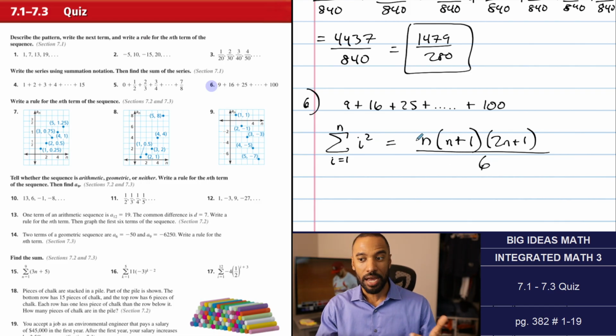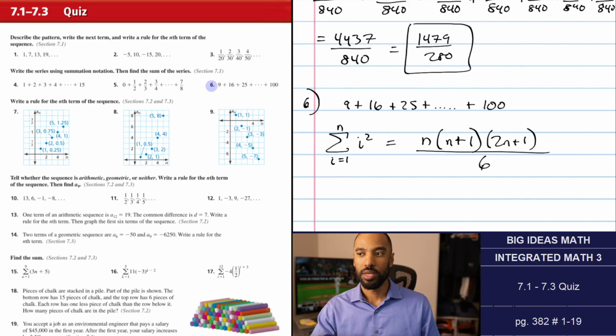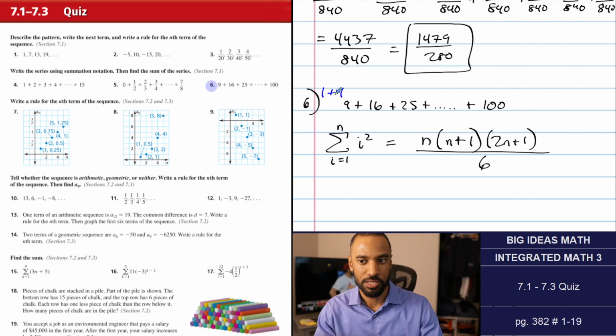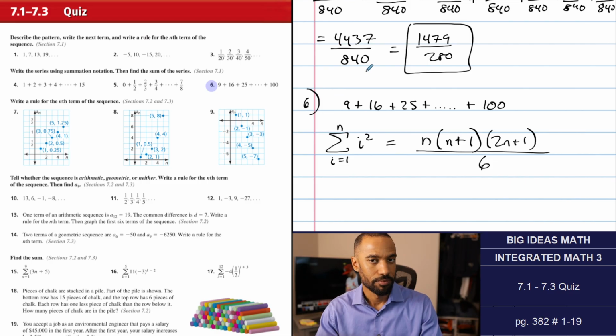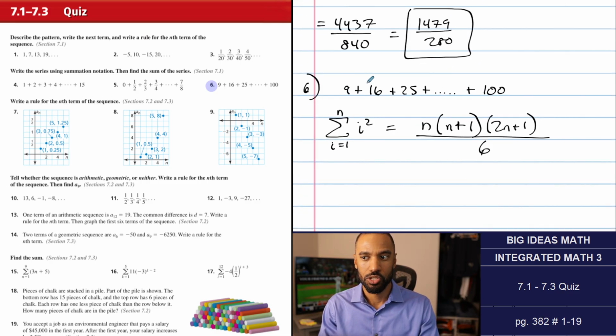Now, we got to use this. We can't just cut this thing short and put a 3 on this or something like that because, by the way, this is 3 squared. We would have to start from 1 if we're going to use this, and I'm fine with doing that. Knowing that we are not including 1 squared and 2 squared. So we have to subtract these out. We have to subtract out 5 from our result. We're going to add the first 10 squares, and then subtract 1 squared and 2 squared.